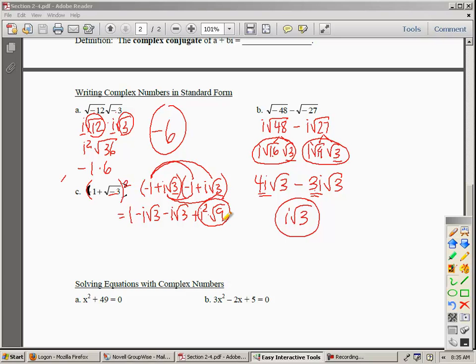The square root of 9 is 3, and i squared is negative 1, so this is negative 3. And you'll notice I can combine these. Negative 1i and another negative 1i is a negative 2i square root of 3. And then I have this 1 in front. So let's simplify finally. 1 and a negative 3 is negative 2 minus 2i square root of 3.